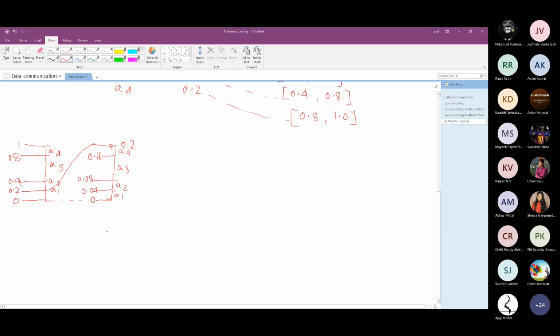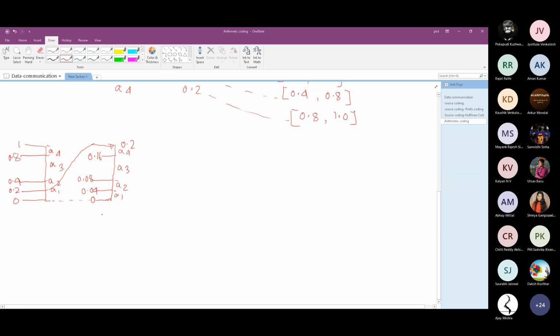What did you do from that initial interval to this one? 0 to 0.4. Basically, because we are compressing, we are making sub-intervals in the interval of 0 to 0.2.